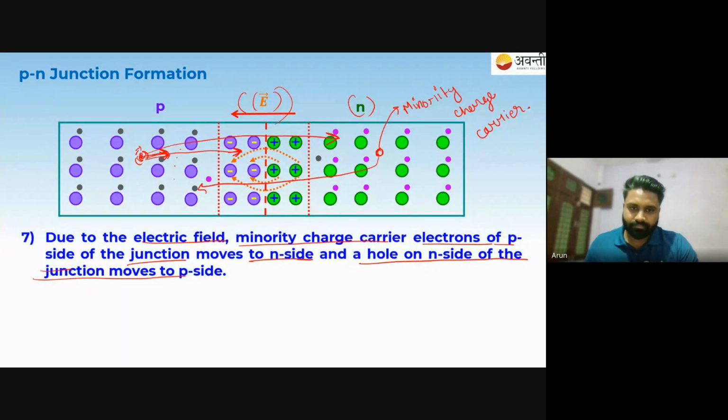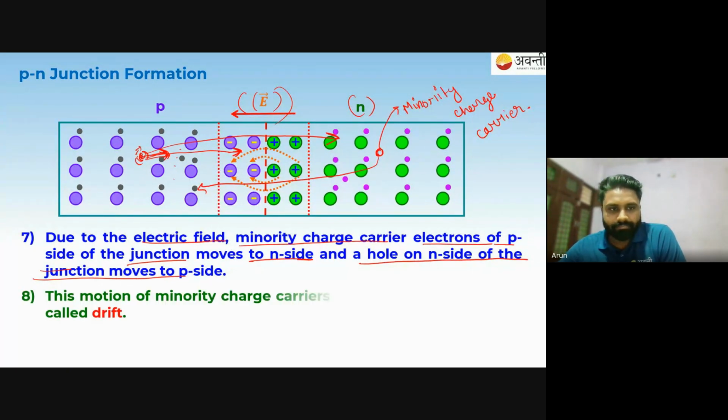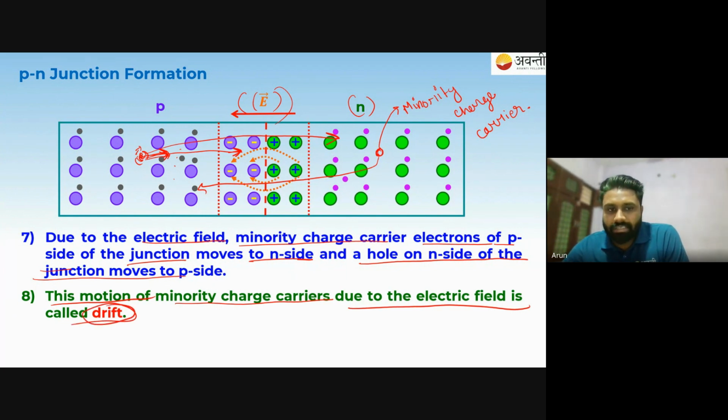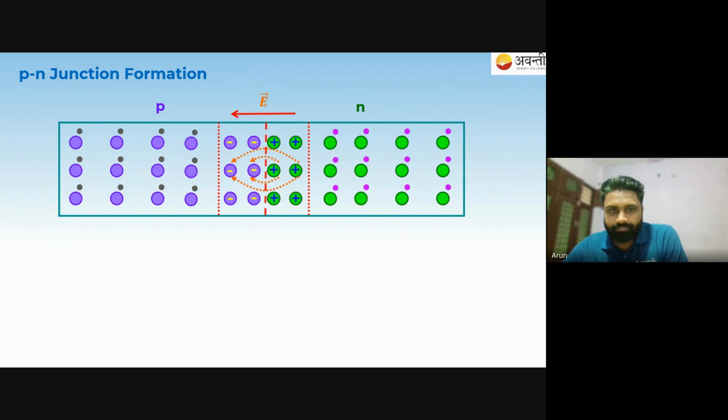Okay. So if this movement is taking place, then definitely a current will be formed, because electrons are moving and holes are also moving. So there will definitely be a current. This motion of minority charge carriers due to the electric field is called drift. So remember this. This is called drift.